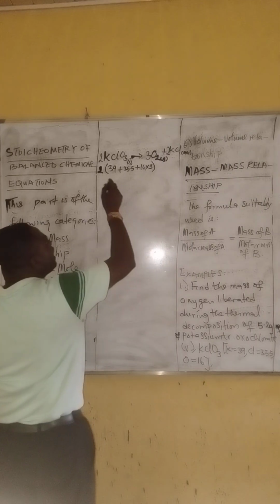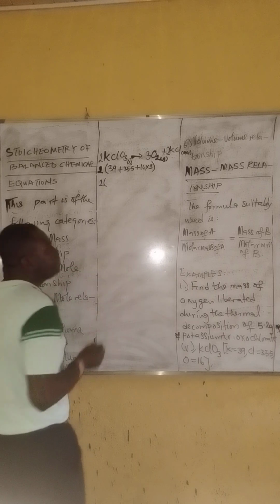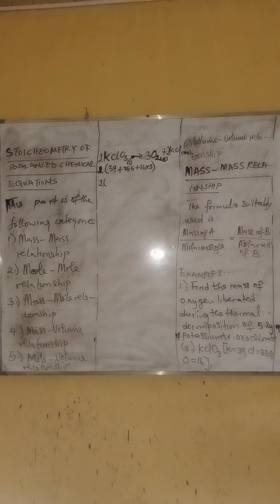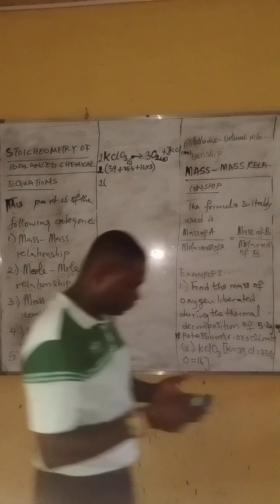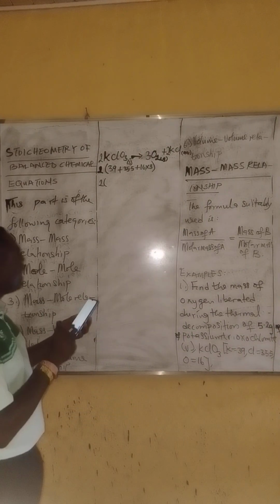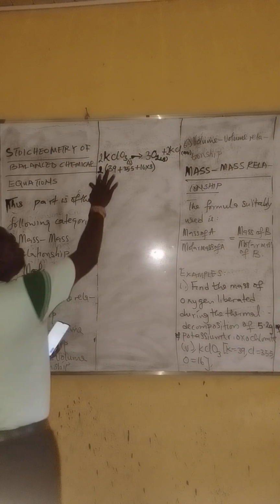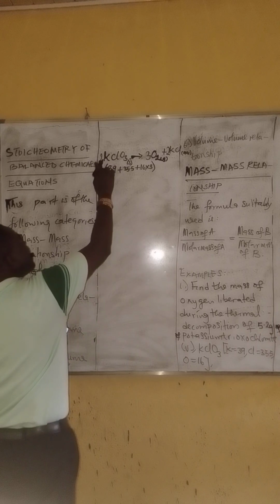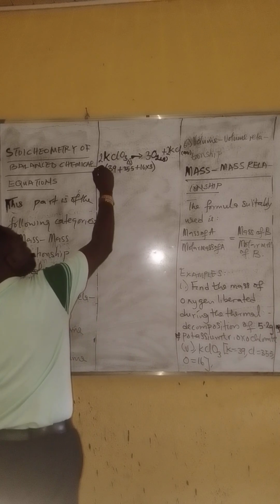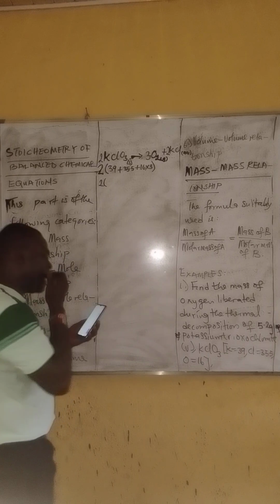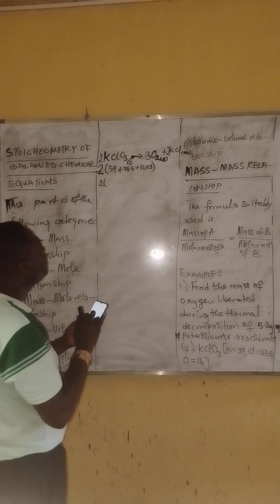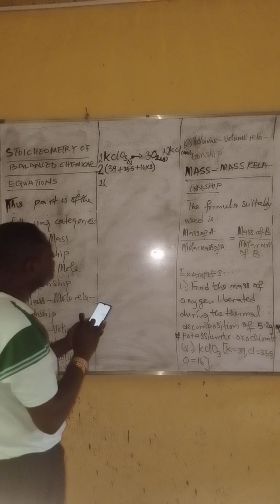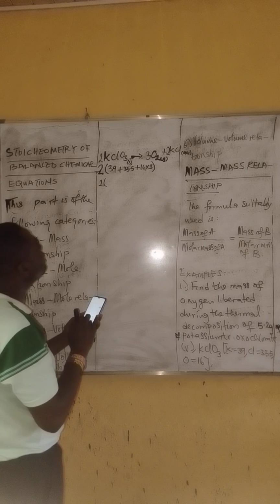Then what will I do? I have 2 into, then I use my calculator. Now I have 39. This is 2 because of the 2 that I used to balance. That's the essence of balancing the equation. Okay, 16 times 3, answer is 48.